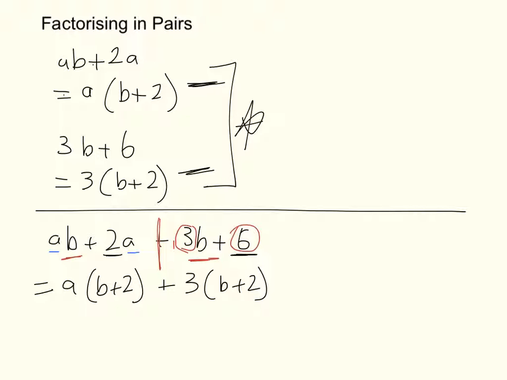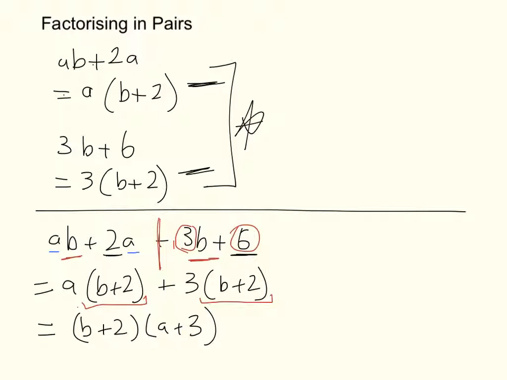Now, what we actually notice if we look at these two grouped sets of terms is that they share a new common factor altogether, and it's that B plus 2. So just like with our previous questions, we write down our common factor first, whatever they share in common, it's B plus 2. And A plus 3 is their corresponding factor, if you'd like.